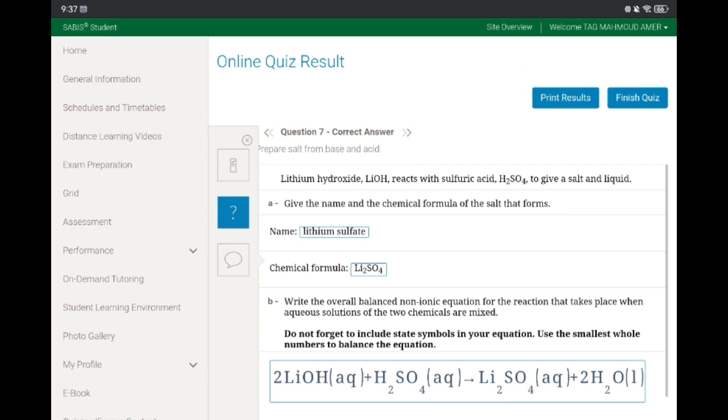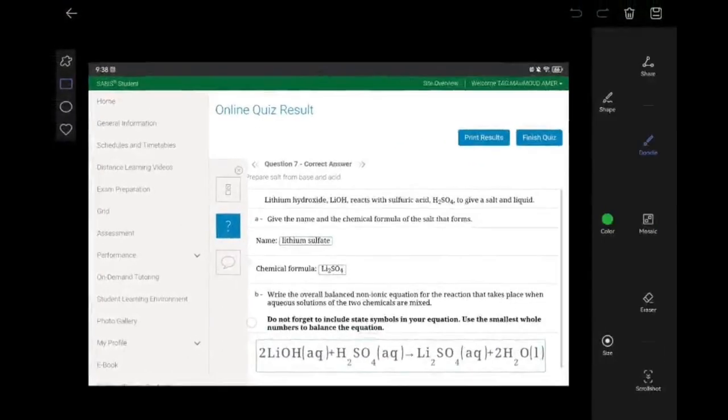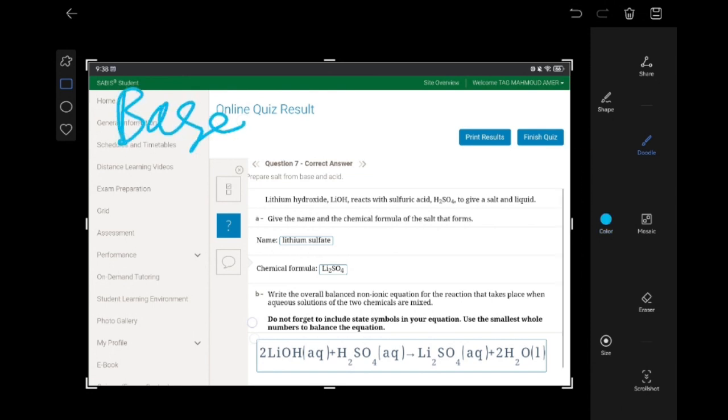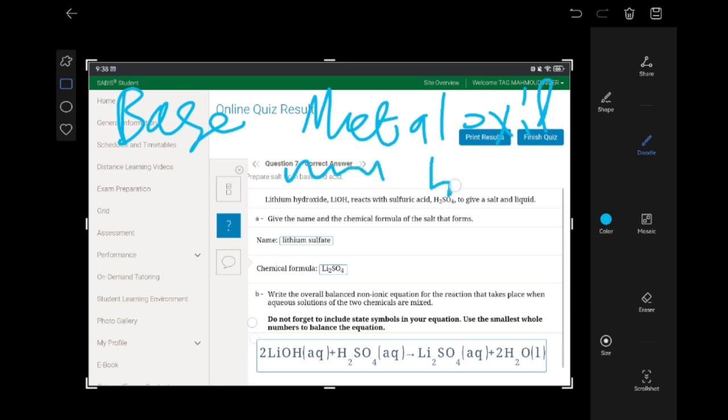It's just the repeat question. Just this time they're not going to ask you for a gas because no gas is formed. When it's with a base or a metal oxide or a metal hydroxide, you don't get a gas with it.